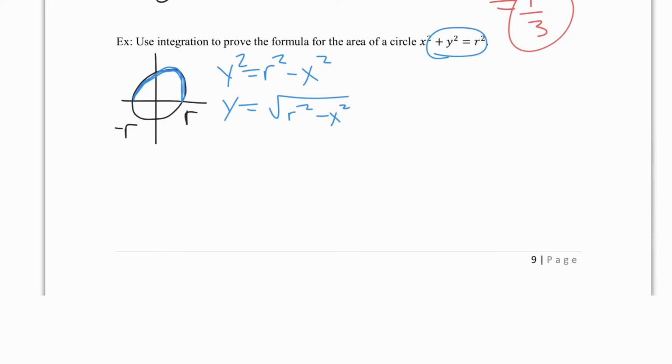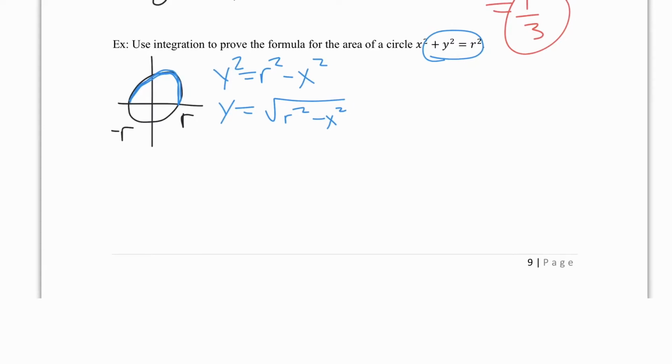The negative square root is going to be the underside of that circle. Which means that our area, at least in the top portion here, is going to be equal to the integral from minus r to r of the square root of r squared minus x squared dx.